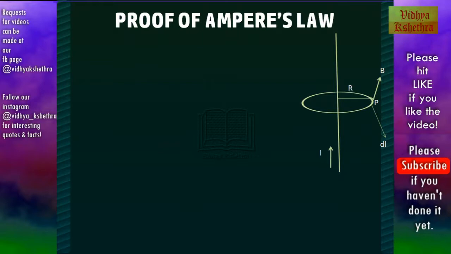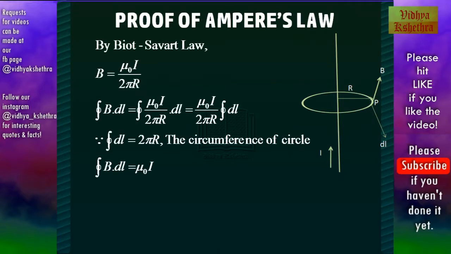Now it is required to find the magnetic field at a point P. For that, we can consider a closed loop of radius R. The magnetic field is tangential at the point P, and dl is a small element at point P. Now by Biot-Savart law, B, which is the magnetic field, is given by mu 0 I by 2 pi capital R.